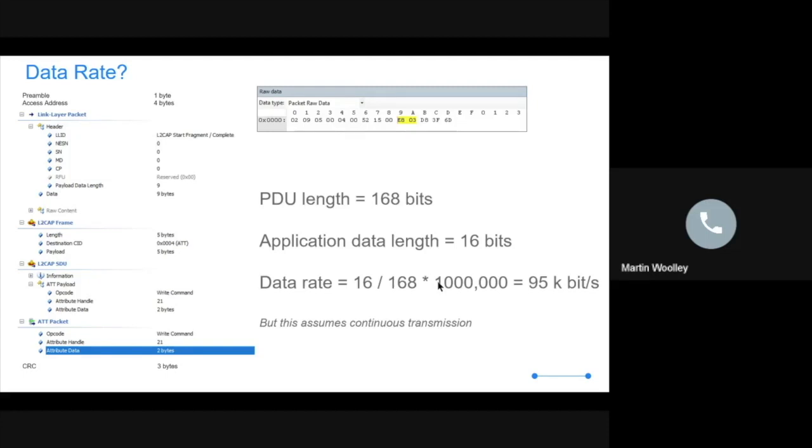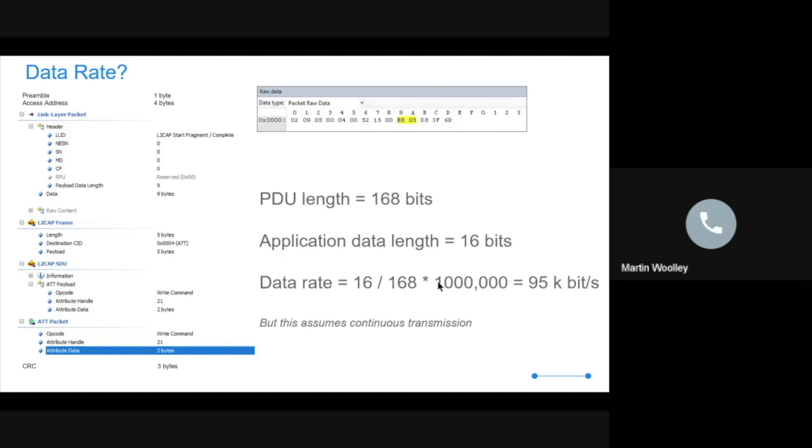The hex E803, that's my data. That's what I'm trying to write to a remote characteristic. But there's all this other stuff which is there for the protocol to work. It's a kind of fixed header, if you like. So consequently, my application data is actually a small proportion of the data being transmitted in a packet. And therefore, from the viewpoint of my application, I'm actually only going to get 95 kbits per second in this specific example.